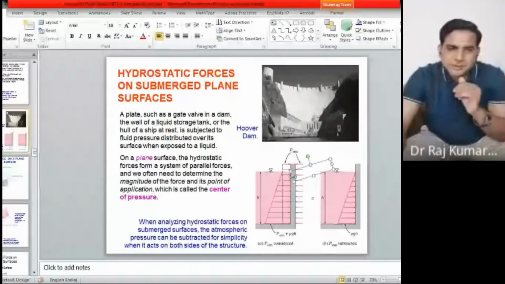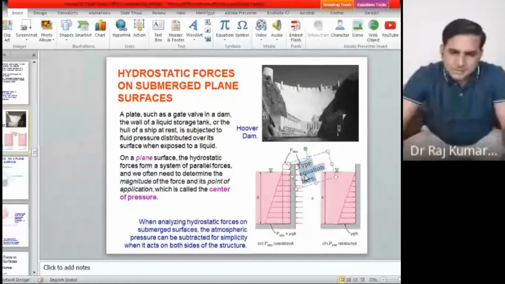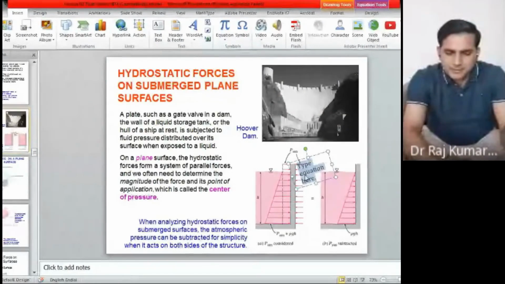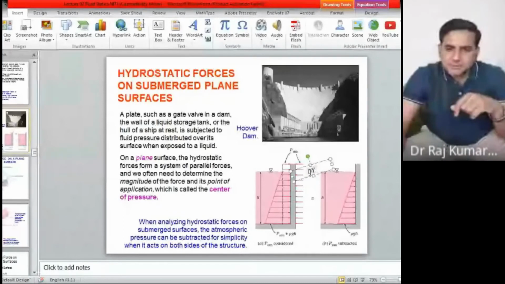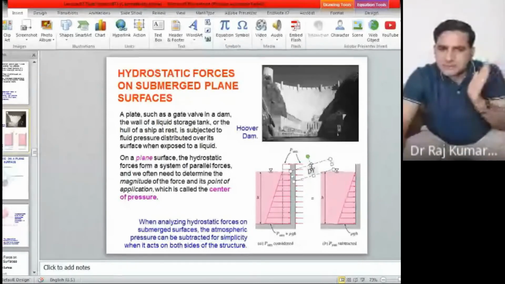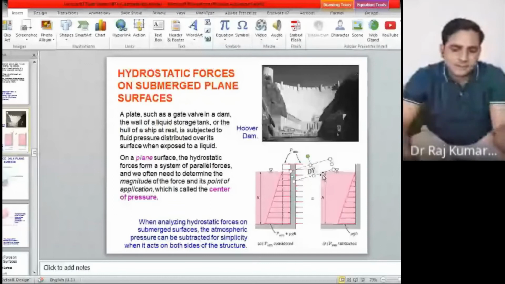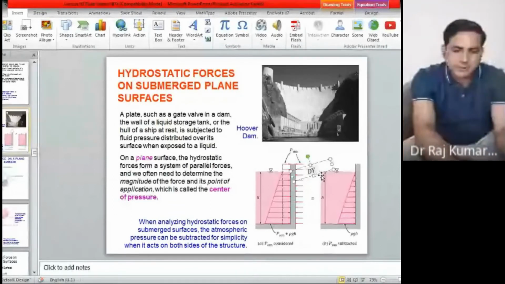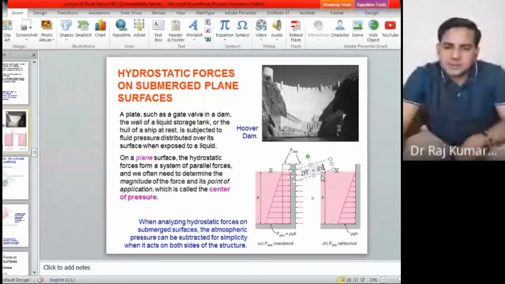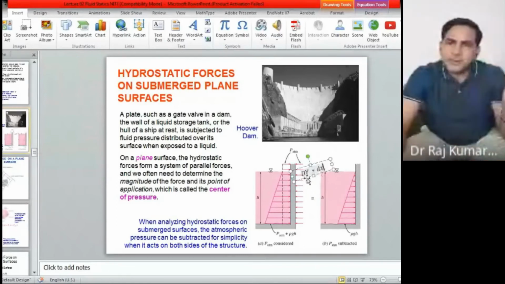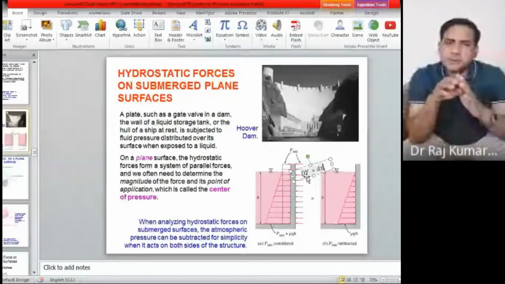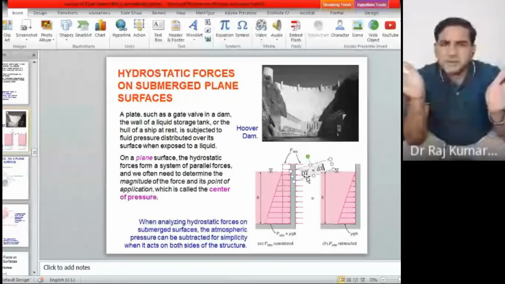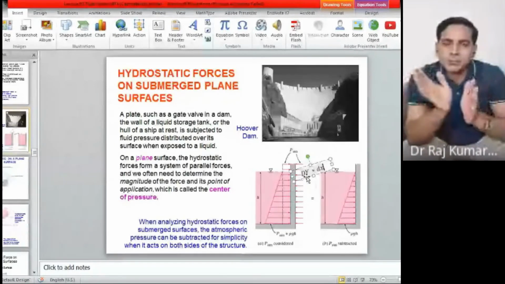This magnitude is just dy, and this length is the width, that is dx. So this is your area, dy into dx actually. That area multiplied by P, which is rho g y, gives the pressure force at a particular point, dF, the differential force. Fine?